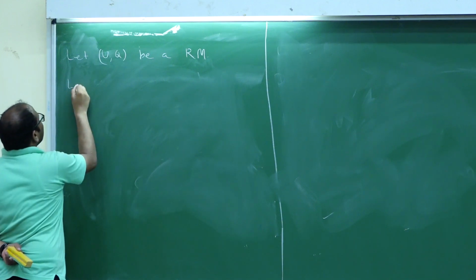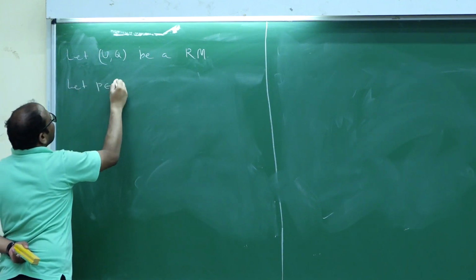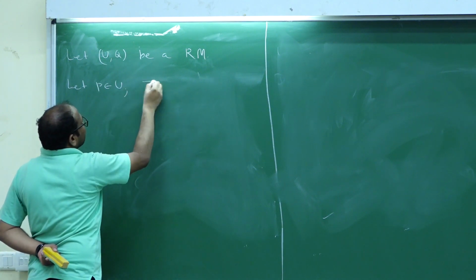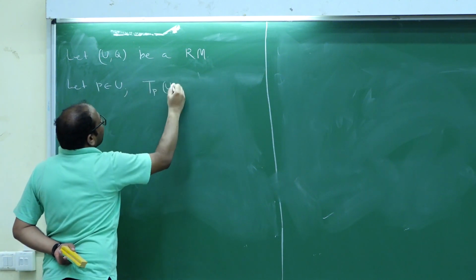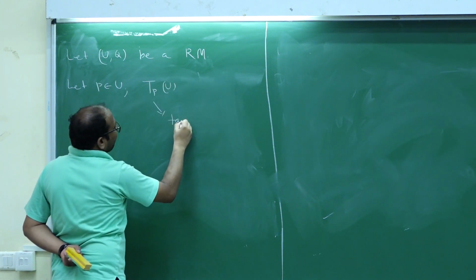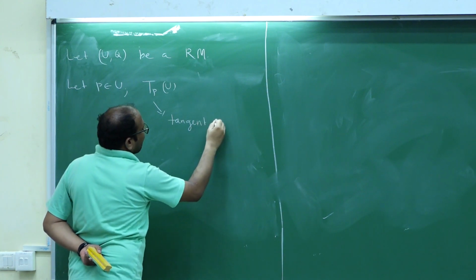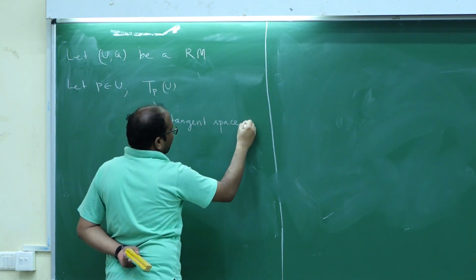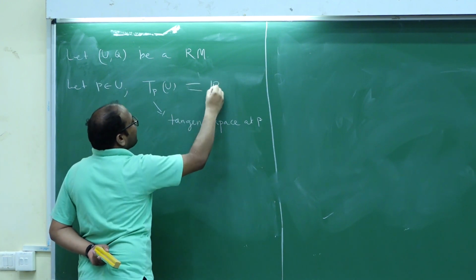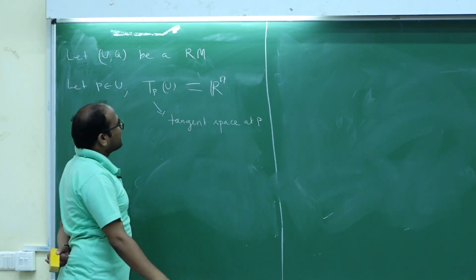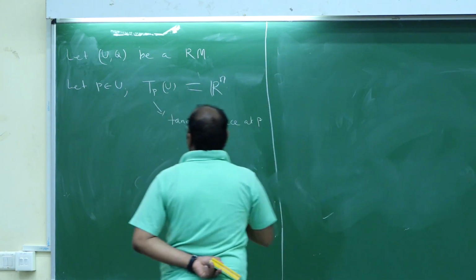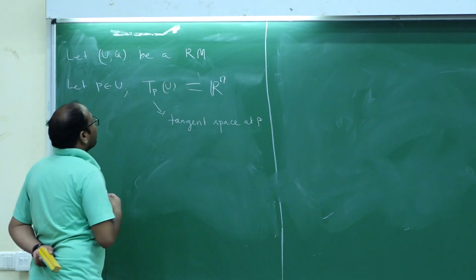Let P belong to U. Then T P U, what is T P U? T P U is the tangent space at P. You know that this is really R n, because U is an open connected subset of R n, so therefore T P U is R n.